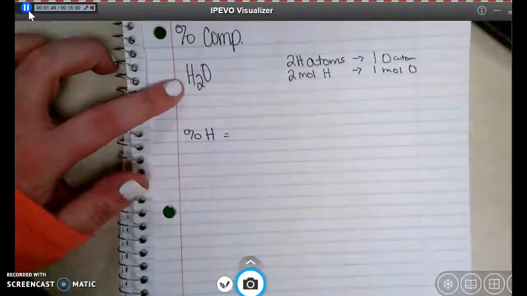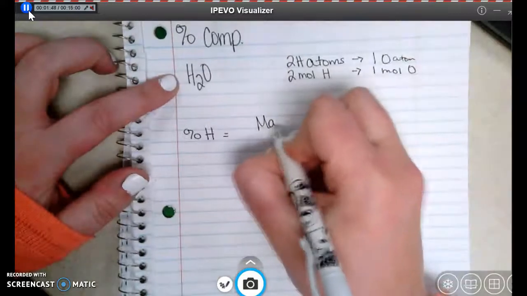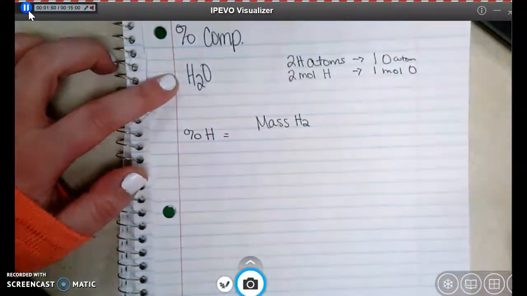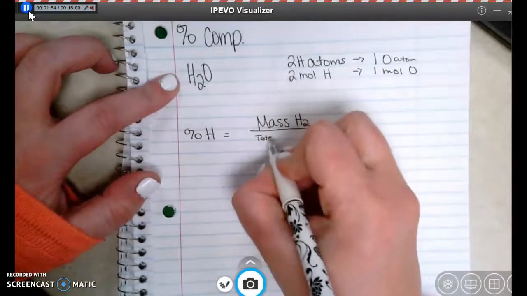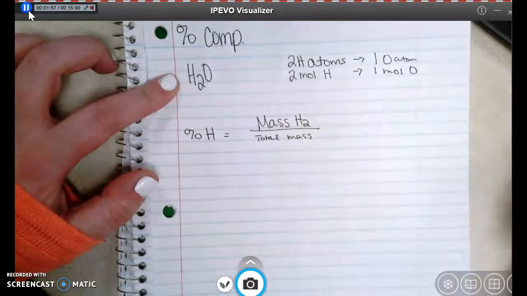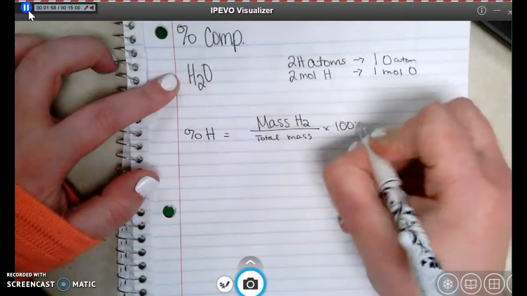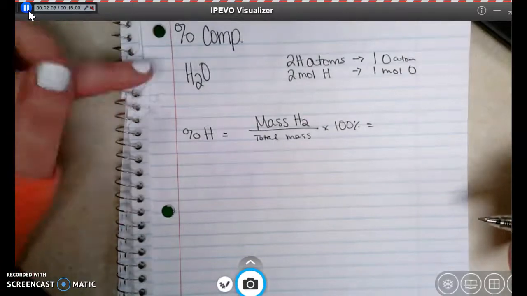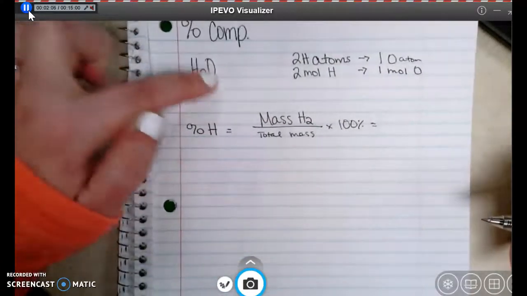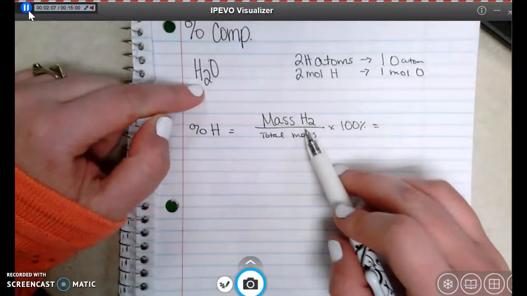We're going to take the mass of the hydrogens and divide that by the total mass. Then because we want a percent, we multiply it by 100. That gives us our percentage of the mass that belongs to the hydrogen.